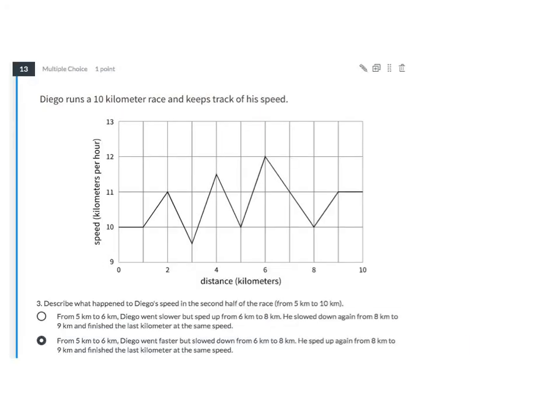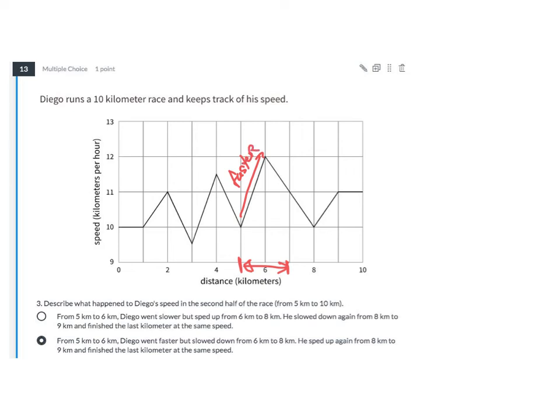All right, so moving on. Again, the same thing. So question number 3, but it's number 13, right? It says, describe what happened to Diego's speed in the second half of the race. So we're looking between 5 and 6, between here. So what happens? If you look at it, going from kilometer 5 to kilometer 6, he's going faster, right?